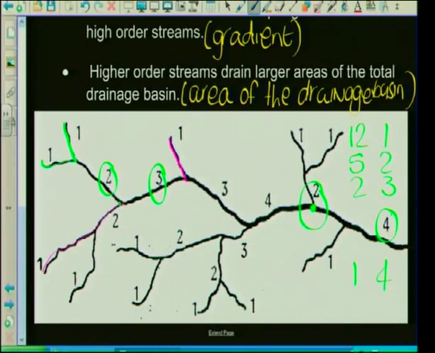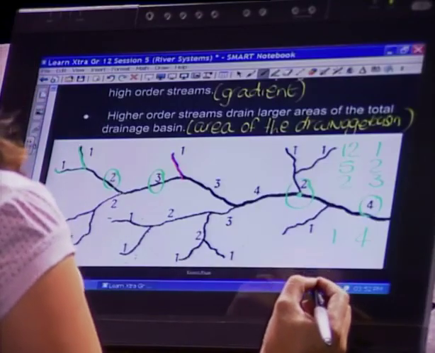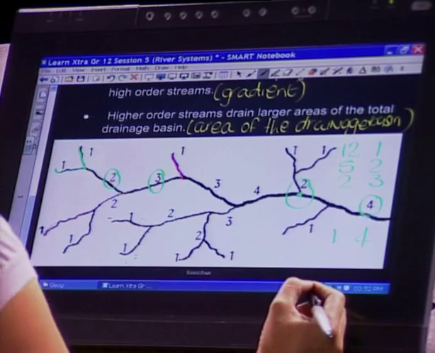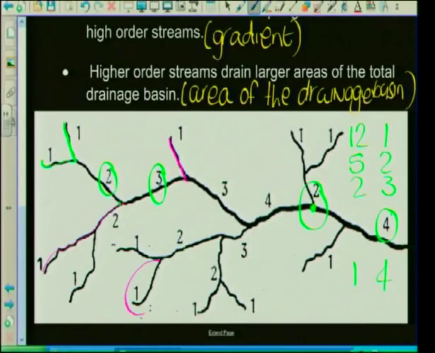Our third one, we can't really see the gradient on this particular diagram, but just be advised that first order streams are found in the high mountainous areas, so they do have a much steeper gradient. Lastly, I can show you the size of the drainage basins. If I draw a drainage basin around this first order stream, there it is, as opposed to drawing it around a second order stream.